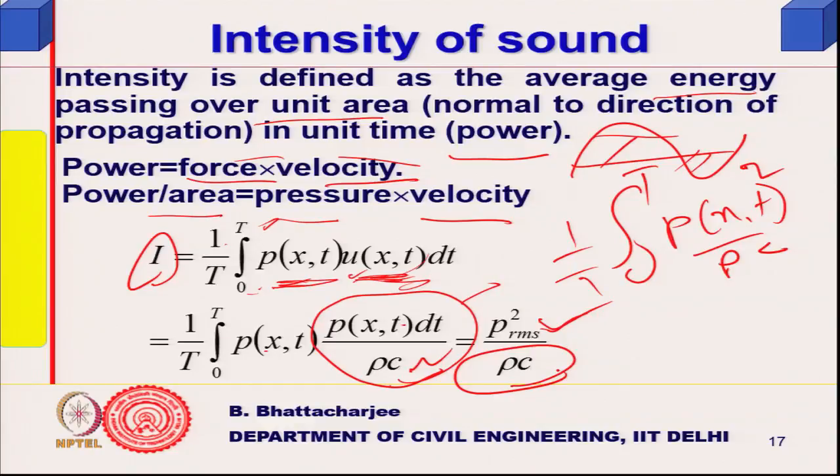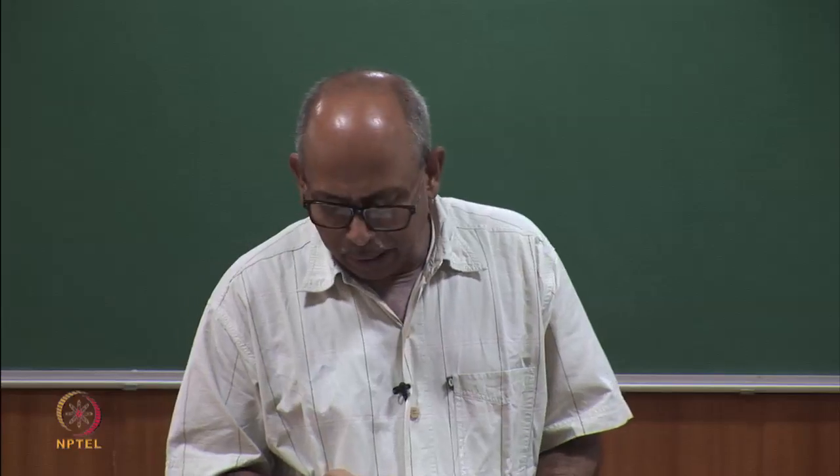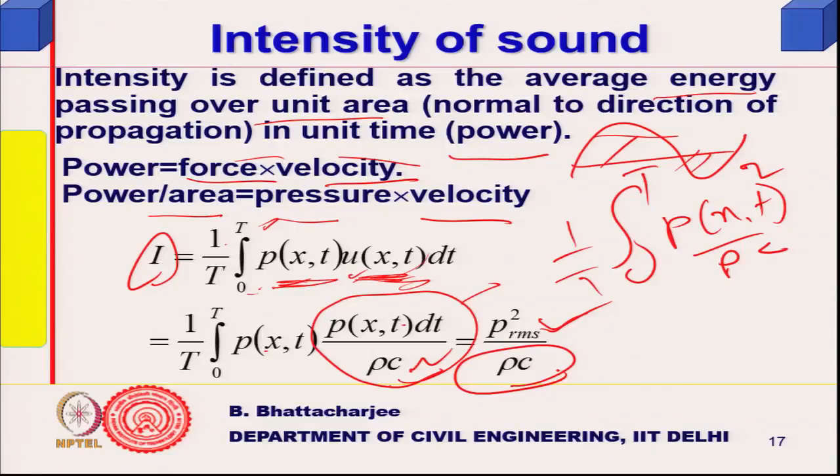And you can actually find out sin square omega t. If you integrate sin square, you will convert it into cos 2 omega t, etc. You might have done a similar sort of thing in electrical technology, because with alternating current we do the same thing. So, p RMS square by rho c.